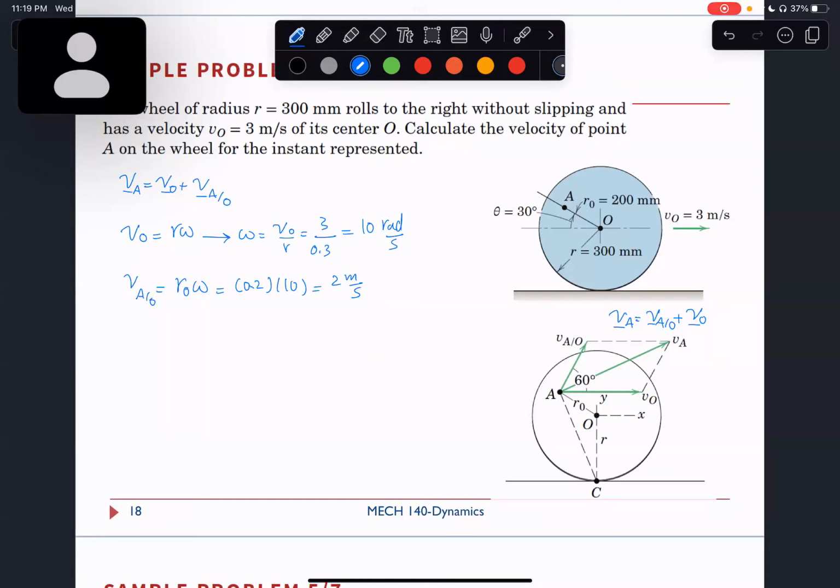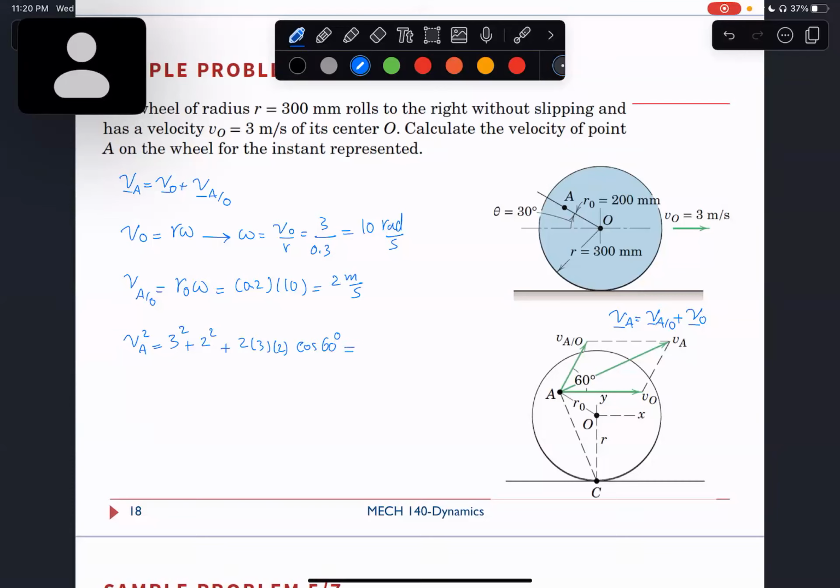Now, I also know the angle between these two vectors that when added together make VA. There's something called the law of cosines, which I think I should go over in class, but you can also Google it. It gives you the length of the vector VA when it's the summation of these two vectors and you know the angle between them.